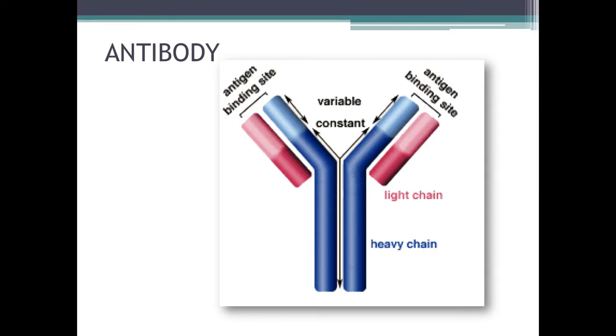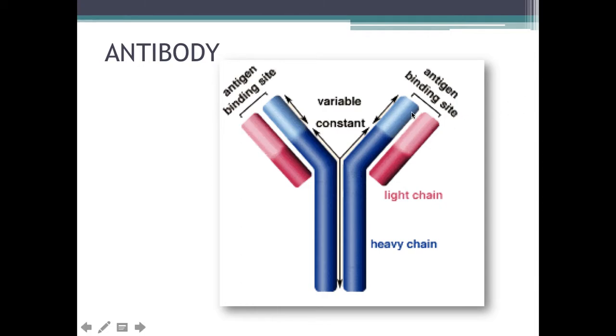This is the structure of an antibody. Okay, you have the constant region here, as you will note from this dark blue. Oh, before we go into that constant region, let's look at the chains.